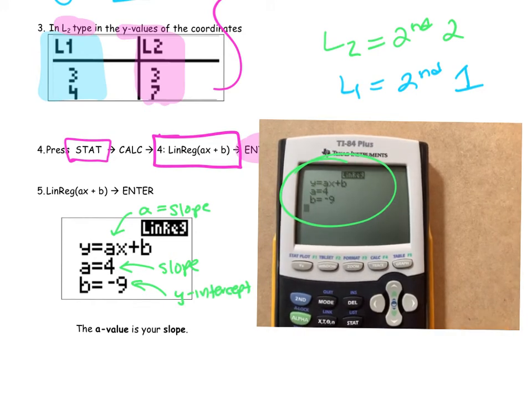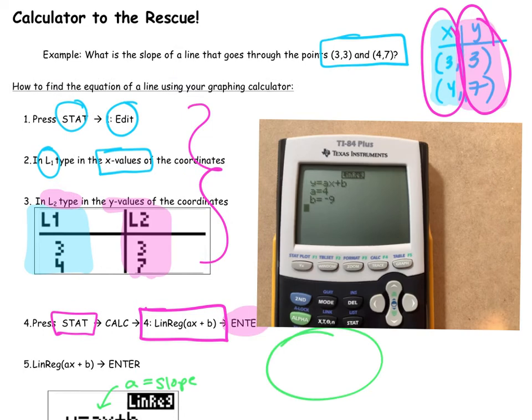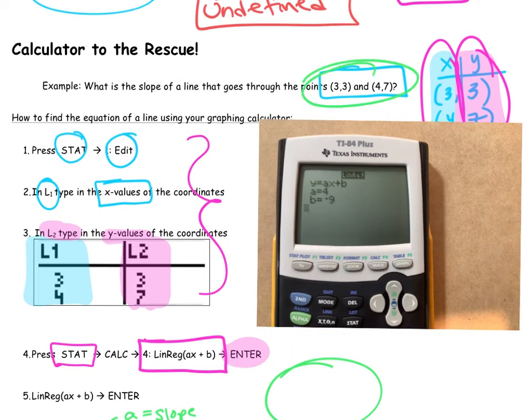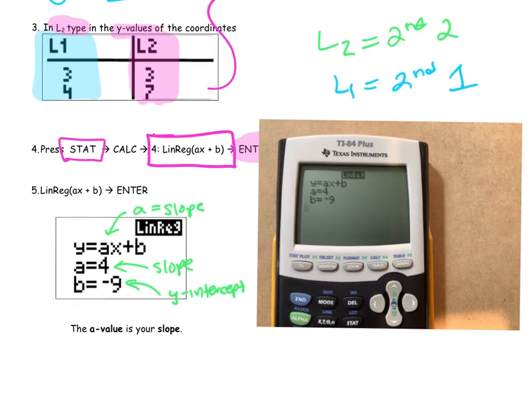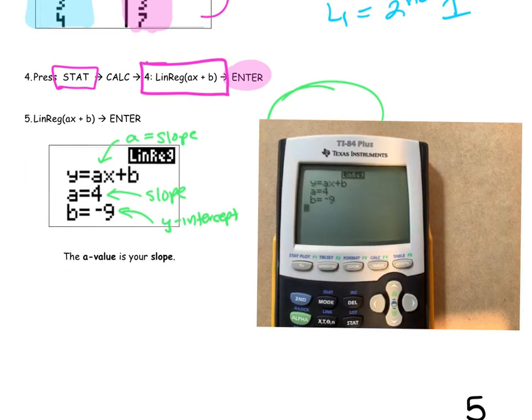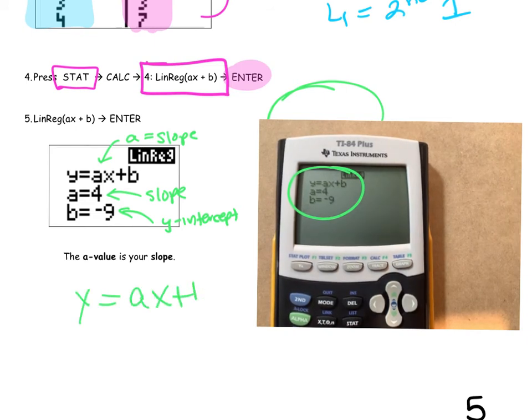By using the calculator from the points that we were given up here, 3, 3, and 4, 7, we found the equation of the line. If we know the equation is y equals ax plus b, where a is 4 and b is -9, let's rewrite it.